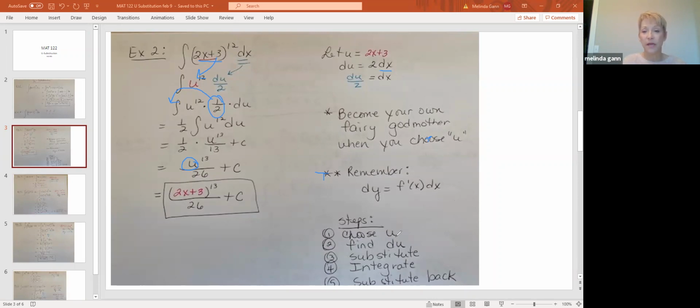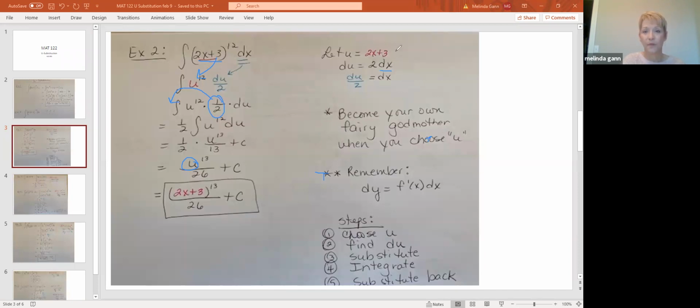Once you get your u, then you have to find du. That's going to be the derivative of that u with d and that letter next to it. My letter was x, so that's why it was dx. If that letter was z, it would be dz. Then you integrate, but your last step is to substitute your u back.